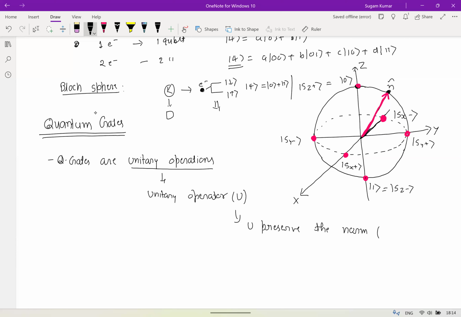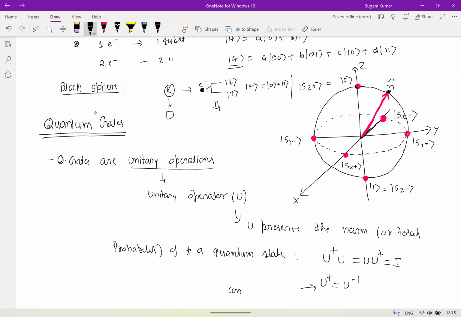Norm means the total probability of a quantum state. We define this with the mathematical equation U dagger U, or U U dagger, equal to I, or also U dagger equal to U inverse. This is nothing but what we call the conjugate transpose, correct?